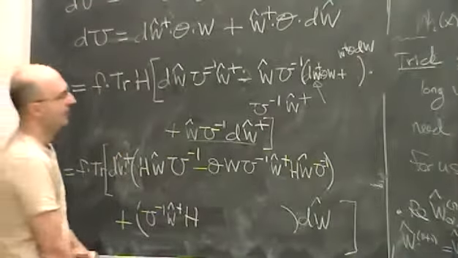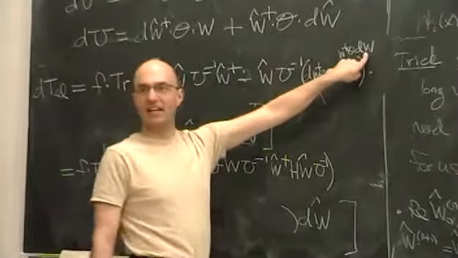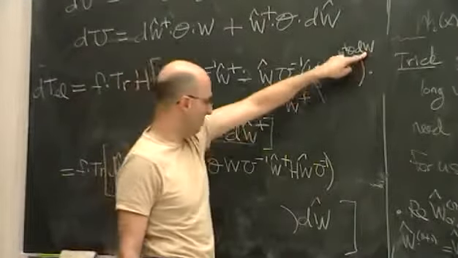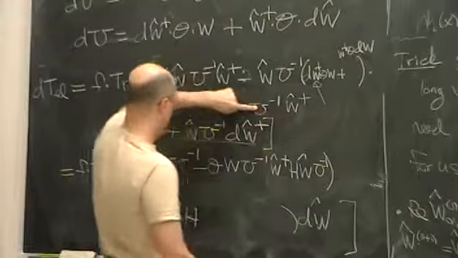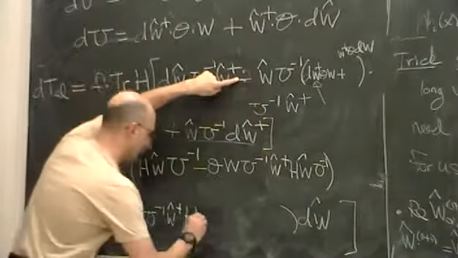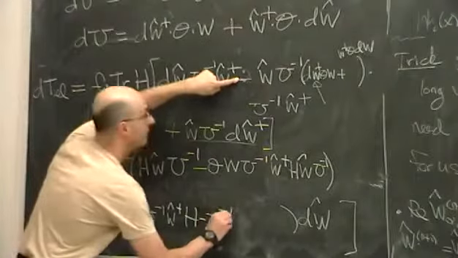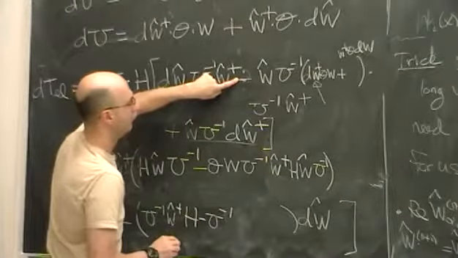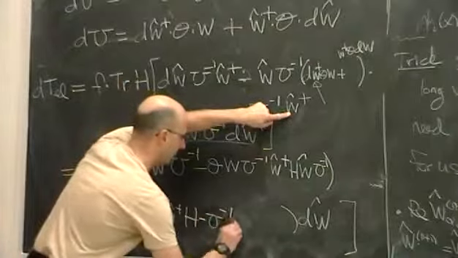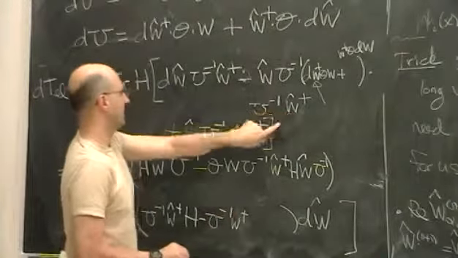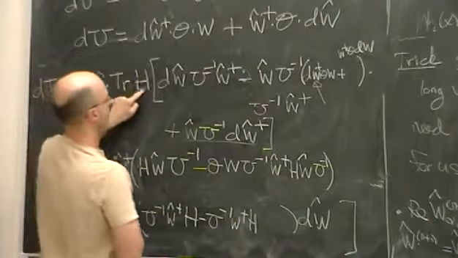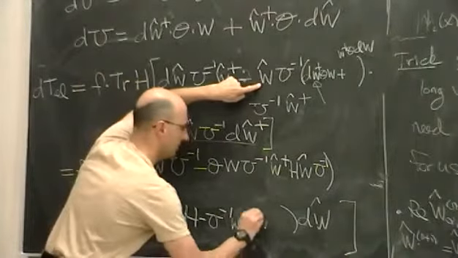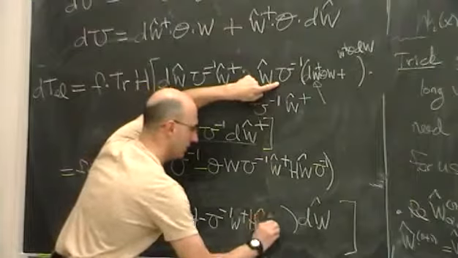Okay. This dW guy. Well, if he's on the end, then the next thing that got hit was this U inverse. And don't forget, I've got my minus sign, so there's minus U inverse. Then there was W dagger. He comes out in parentheses, hits the H, and then he hits the W, a U inverse.